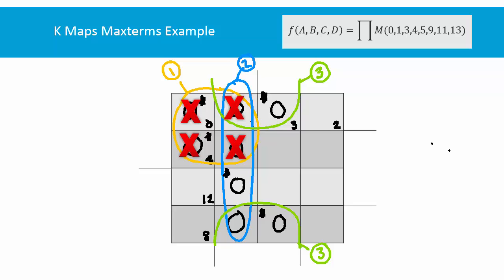Group number 2 covers these 2 zeros, and of course the other zeros that were already covered. And group number 3 covers this one and this one. So the solution is pretty simple. The function is going to be equal to 1, and since this is Maxterms, it's going to be dot 2 dot 3.